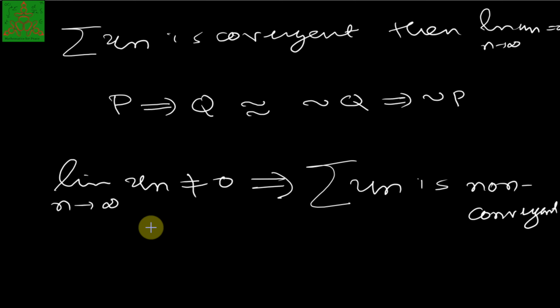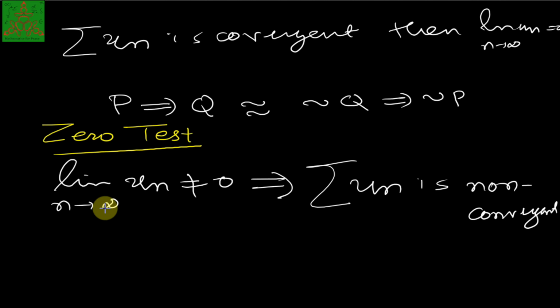Non-convergence means the summation of un is either divergent or an oscillating series. And that is also known as the zero test. We have to check whether the series is convergent or non-convergent; we just check whether the nth term is going to non-zero.